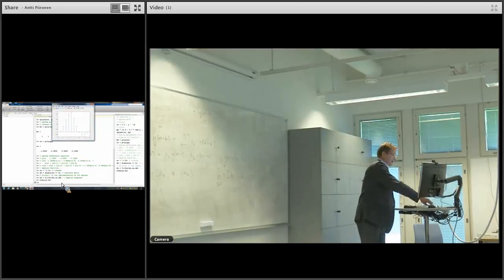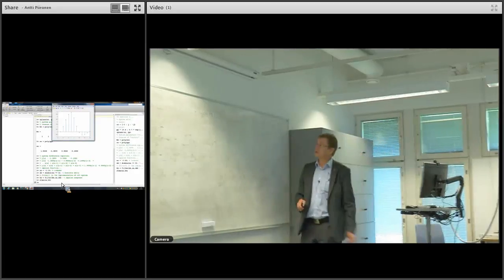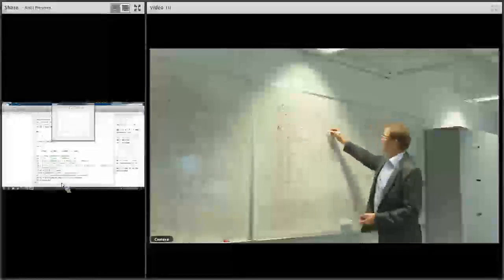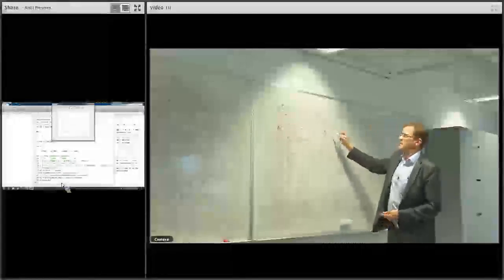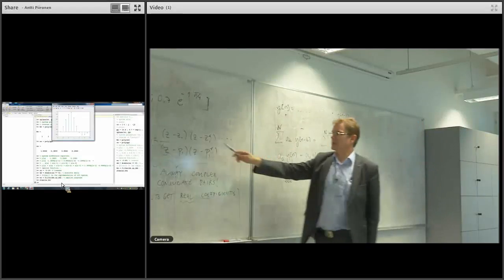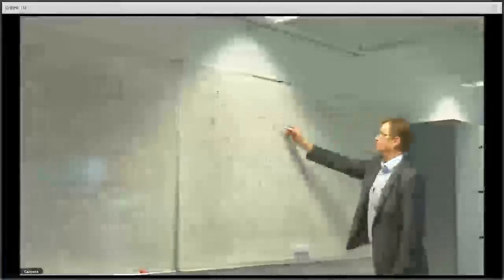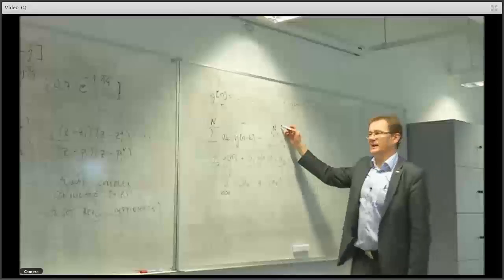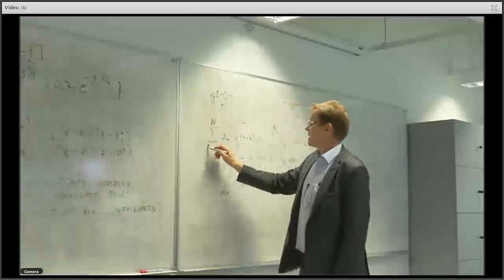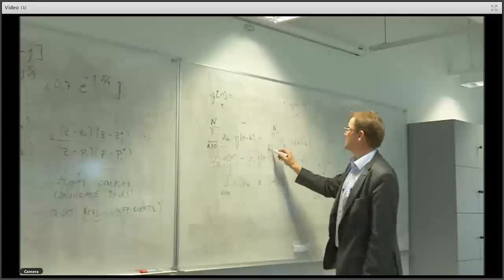Something that I did not yet tell you: there is the maximum number, or the highest polynomial number, which is basically everywhere. You have it in the sum, k from 0 to n.